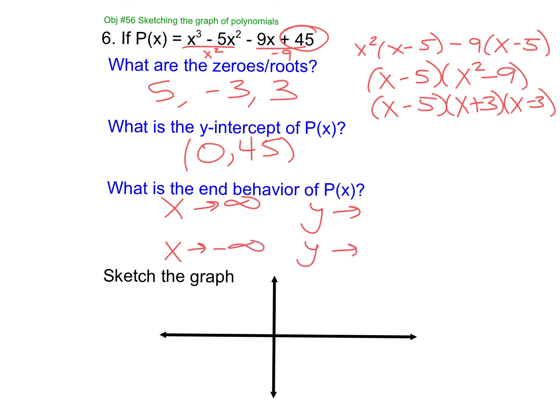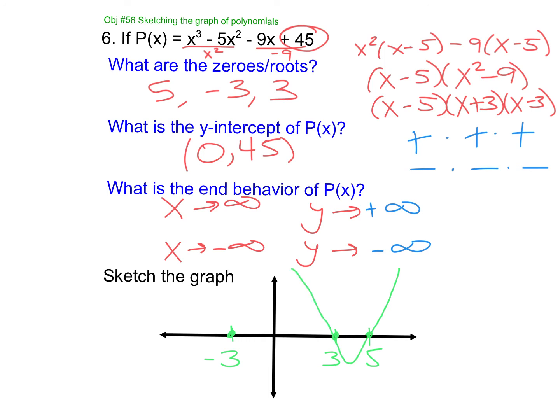All right, so we have three terms, right? So 3 pluses, nothing crazy here, is a plus. 3 minuses is a minus. So we've got 5, 3, negative 3. So this is just a regular, nice, smooth curve. Up on the right, down on the left.